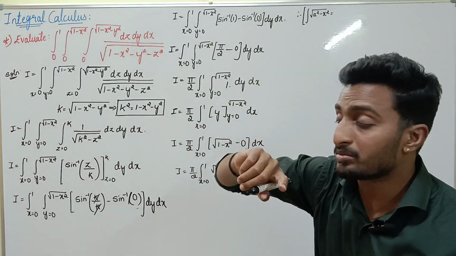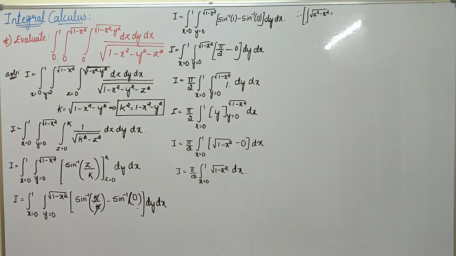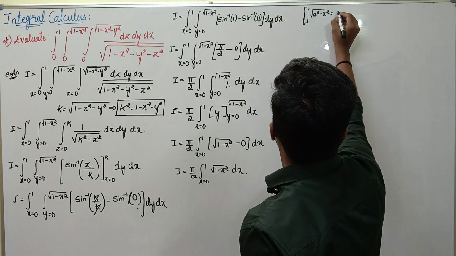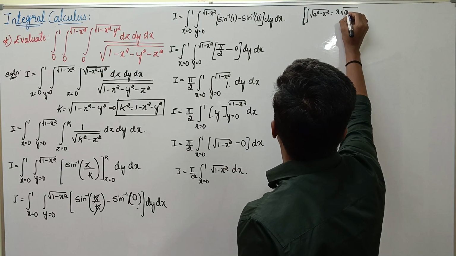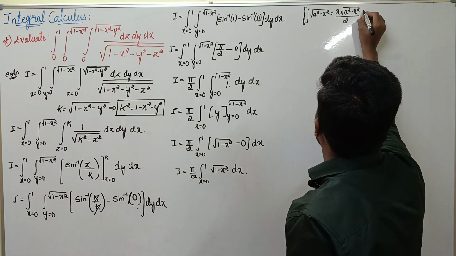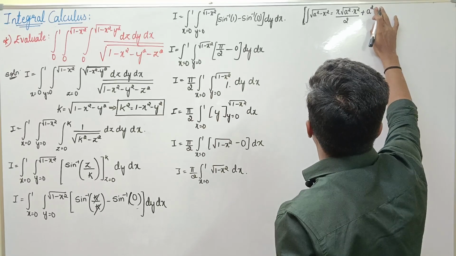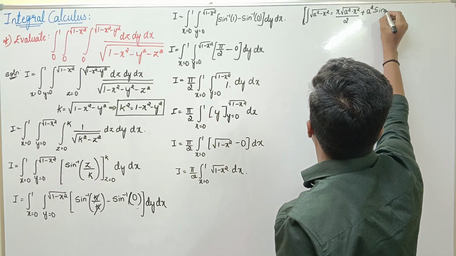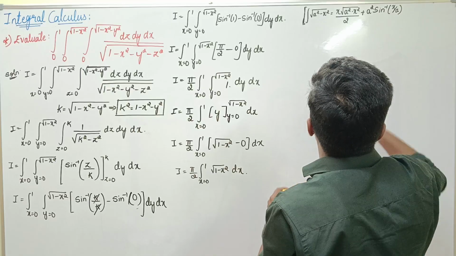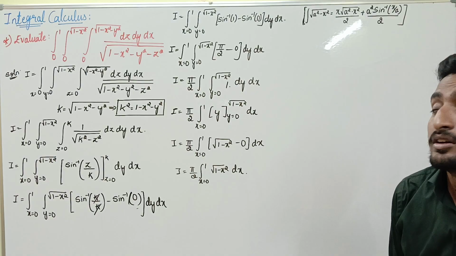This standard formula we represent as x root of a square minus x square divided by 2, plus a square into sine inverse of x by a, whole divided by 2. This is the standard formula.